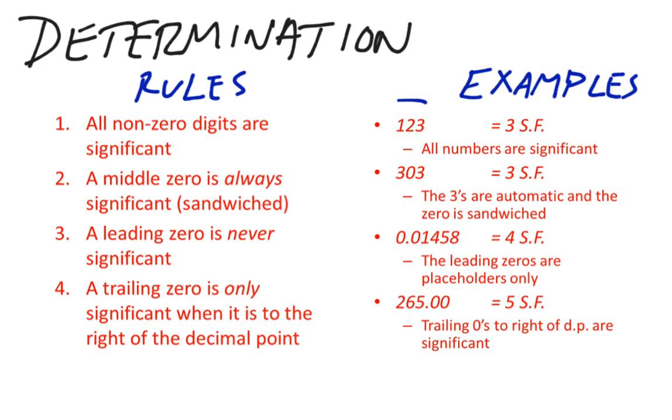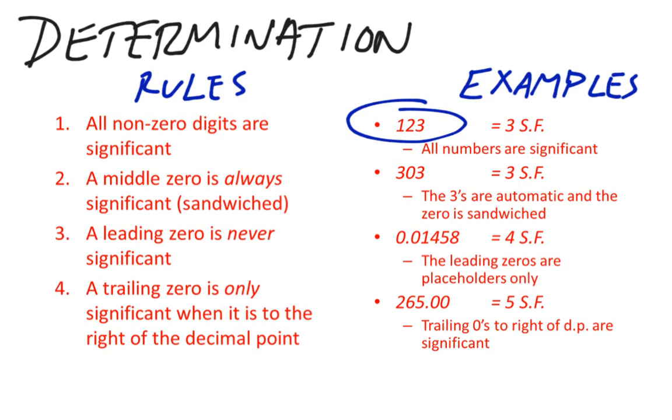So as you can tell from the number 123, all numbers are non-zeros and are automatically going to be considered significant. The next one, the one I like to refer to as the sandwich rule, refers to a zero that's trapped between 2 significant or non-zeros. Now, all non-zeros are automatically significant, and some zeros will be significant.